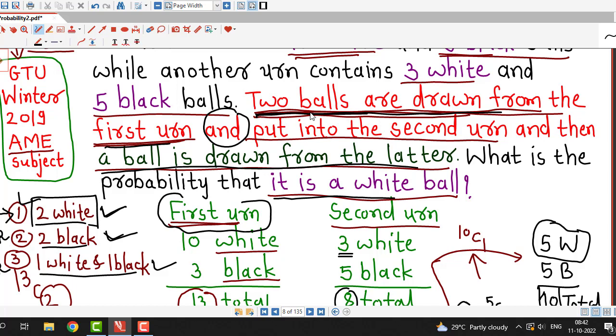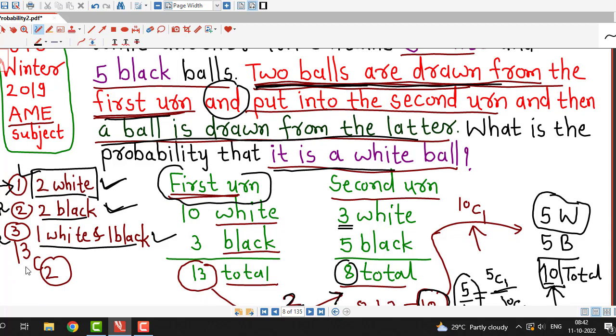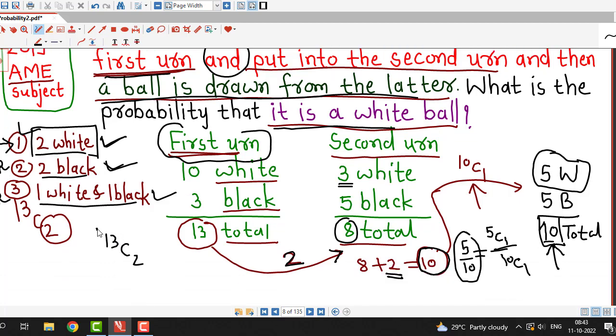First task is selecting two balls out of these 13 balls, that is 13C2 ways. There are total 13C2 ways, and if we are considering the first case, then we are selecting two white balls. So two white balls can be selected out of 10 white balls in 10C2 ways.